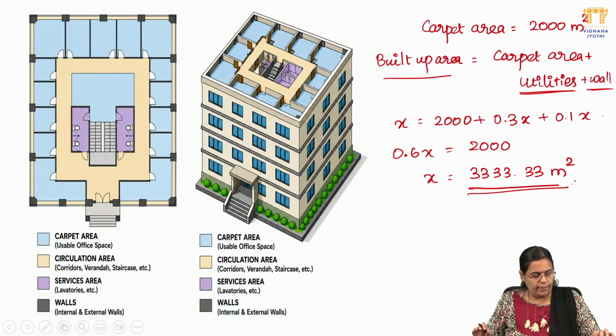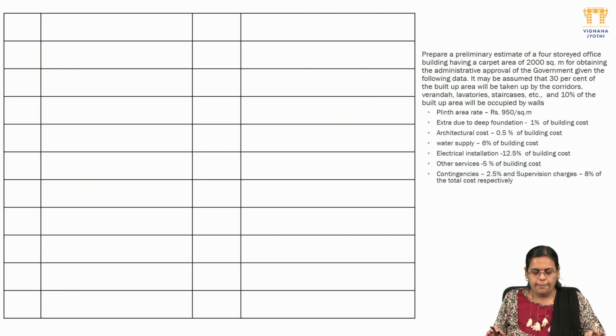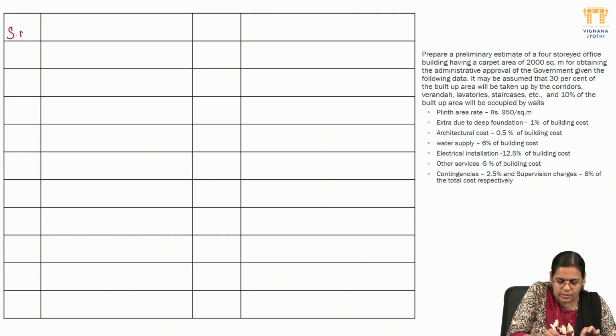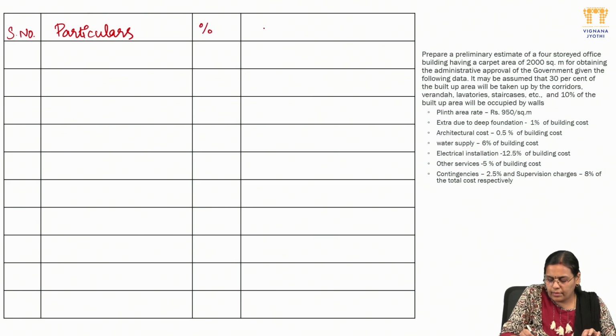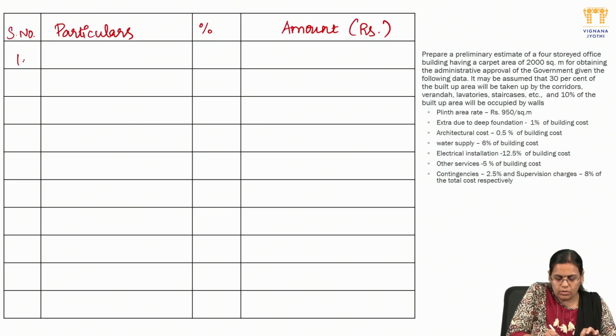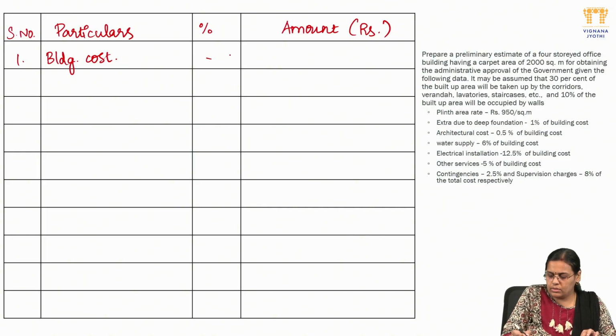So using this built-up area and plinth area rate, we can calculate the building cost. So for that, as usual, we need to open a table, right? So it's similar to your previous problem. Serial number, then particulars, then percentage, and here amount or cost, which will be in terms of rupees, right? So first one is building cost. So your building cost has no percentage.